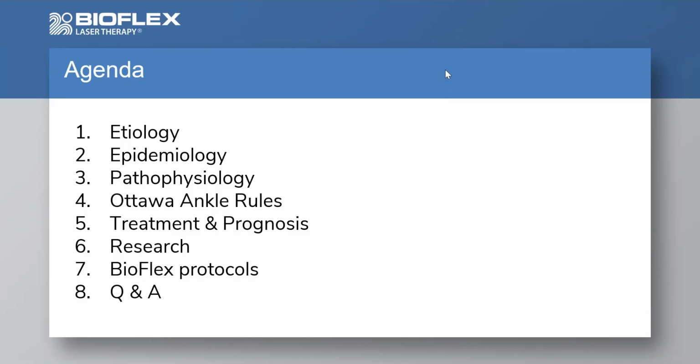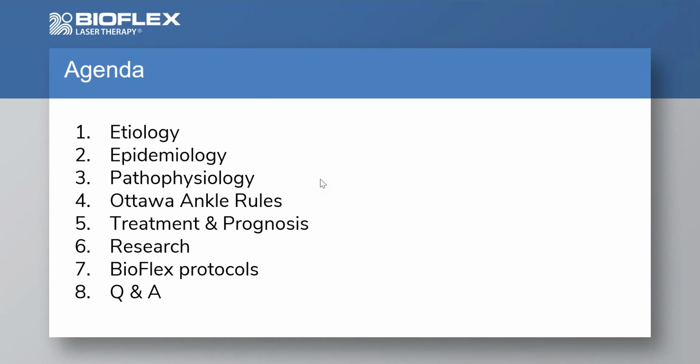So I'm going to review the etiology, the epidemiology of ankle sprains, a bit about the pathophysiology, the Ottawa ankle rules, which you may or may not be familiar with depending on what kind of practitioner you are. But I think it's important that if you are a practitioner that can refer out for x-rays, or even any clinician that is questionable about whether or not x-rays should be recommended, the Ottawa rules is an evidence-based standard that we now use.